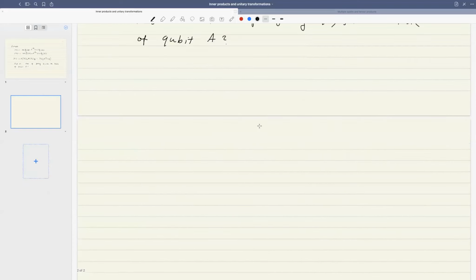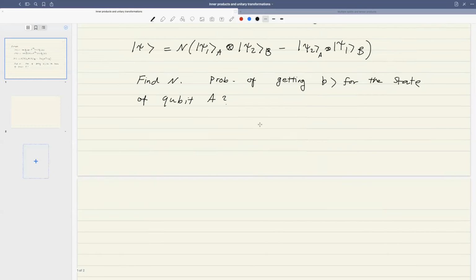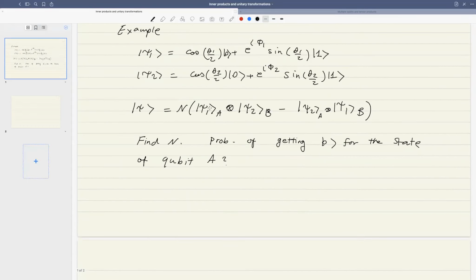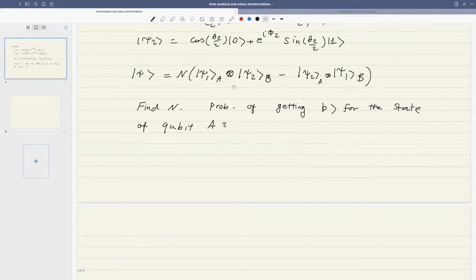One way is just to use this notation, do the tensor product and expand it out so we get the result in the computational basis.